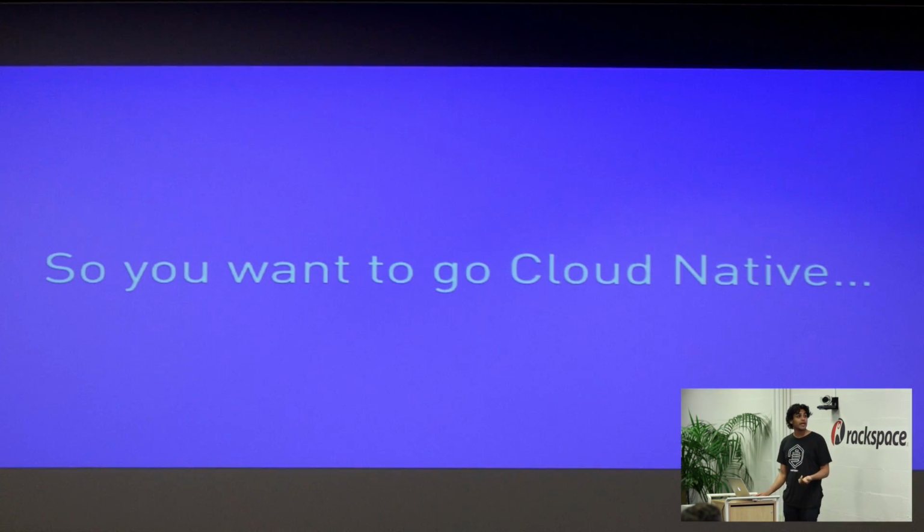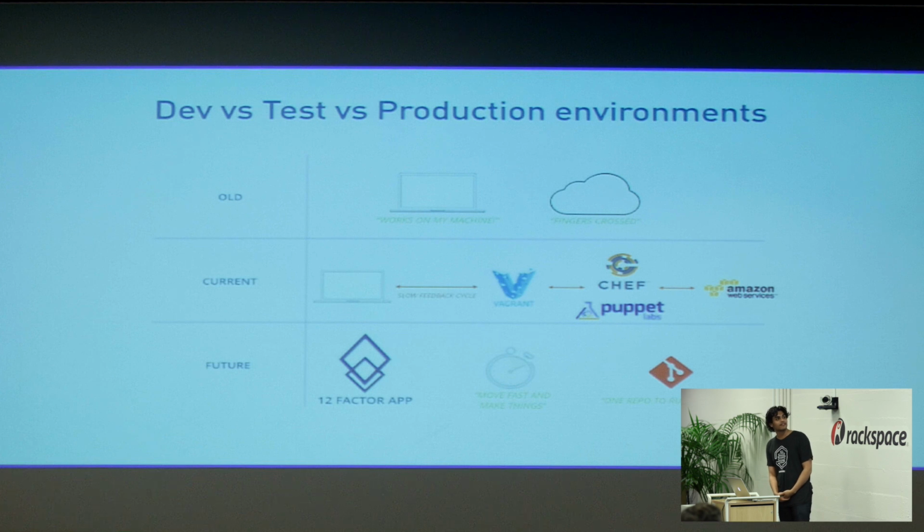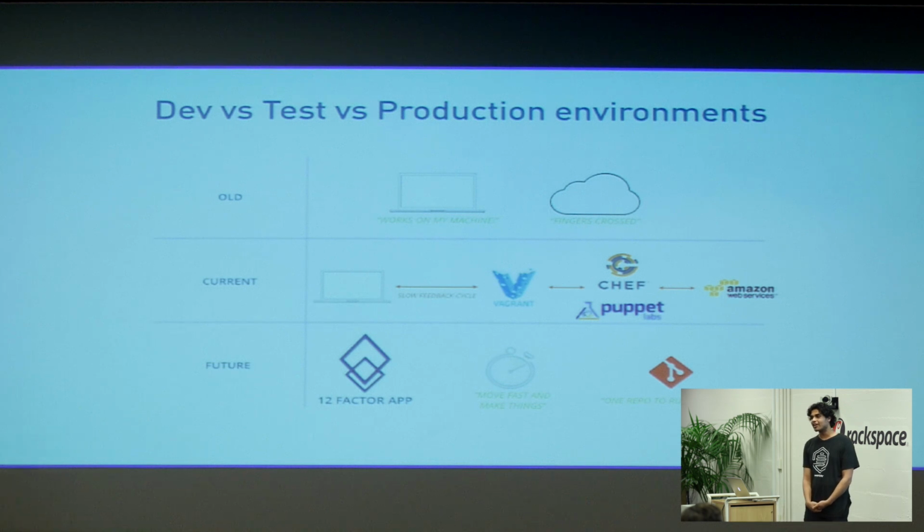So you want to go cloud native. Let's talk about some of the pain points that you're going to have. There's the idea of having to maintain different environments. I could imagine there's definitely a time, or startups out there, who say things like, oh, it works on my machine, so it's probably going to work on the cloud, I hope.